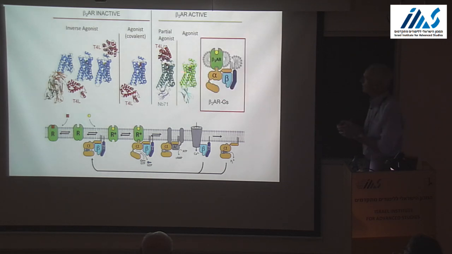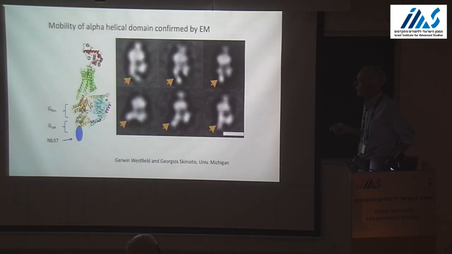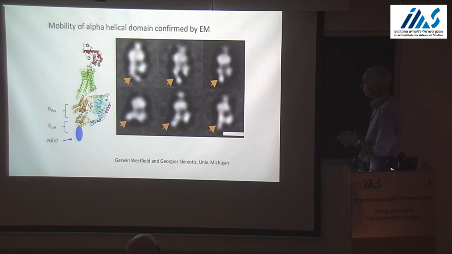So we now had an active state, but we really wanted to understand the process of receptor activation of the G protein. And this project started around 2007, right after we got the initial structure, as a collaboration with Roger Sunahara. One of his colleagues in Michigan, where Roger was at that time, was a microscopist.